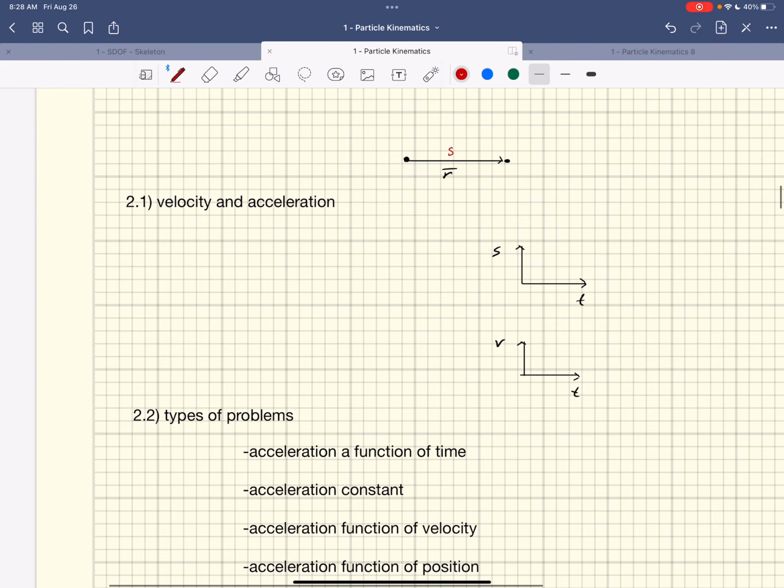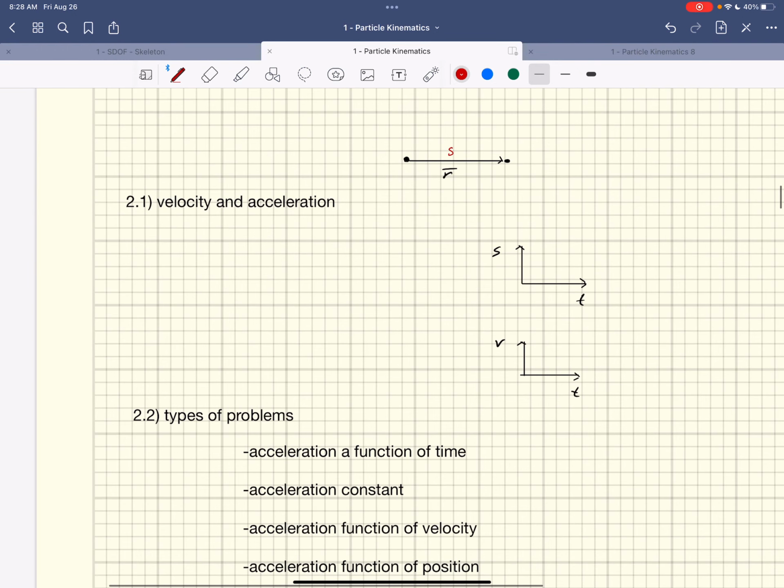Then when we define velocity, that velocity is just ds/dt, the derivative of s with respect to time. We call that s dot. If you had a plot of s versus time, then velocity is that slope. We call that v over 1.